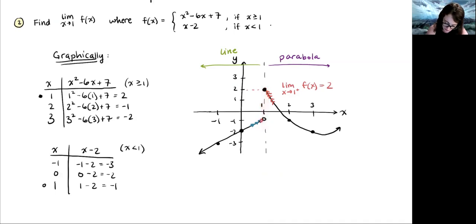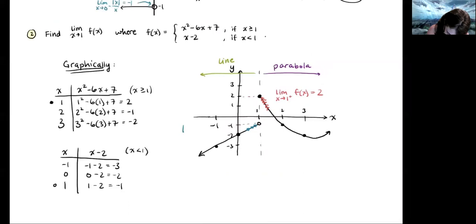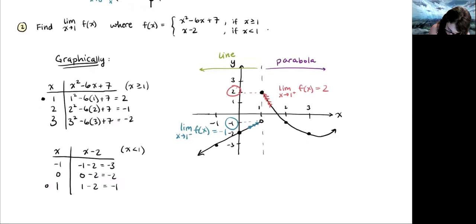And of course that is -1. Okay, so from this side, we would say the limit as x approaches 1 from the left of f of x is -1 right here, and the +2 up there. So because these aren't equal to each other, we have to write that the limit as x approaches 1 of f of x does not exist.